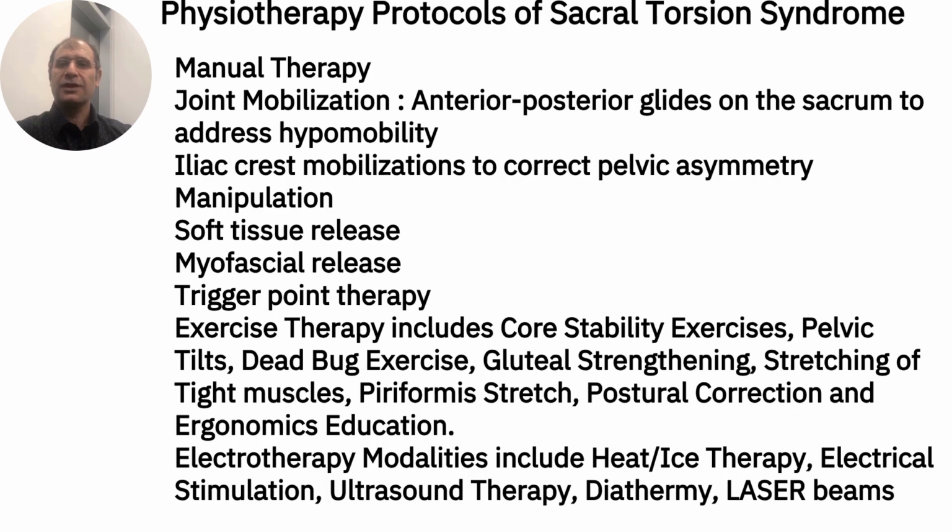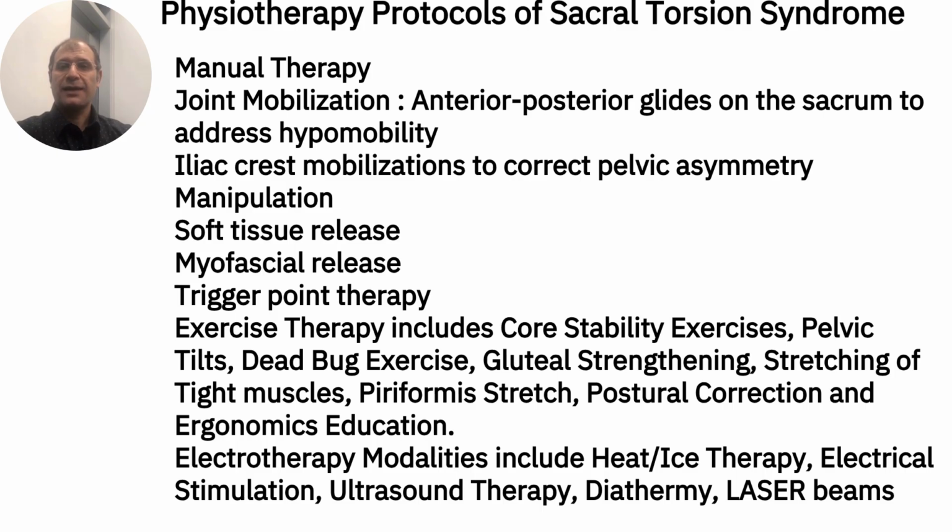The treatment of sacral torsion syndrome focuses on restoring normal joint mechanics, reducing pain, and improving function. Physiotherapy interventions are tailored to address the underlying biomechanical dysfunction and any contributing factors. Joint mobilization: gentle mobilization techniques can be used to restore normal joint mechanics and reduce the torsion.